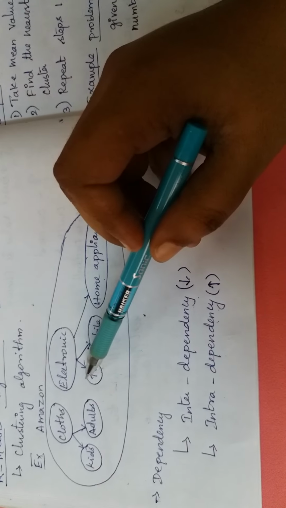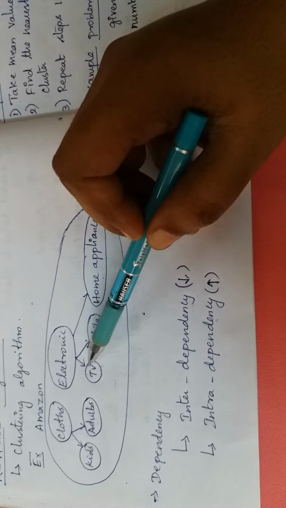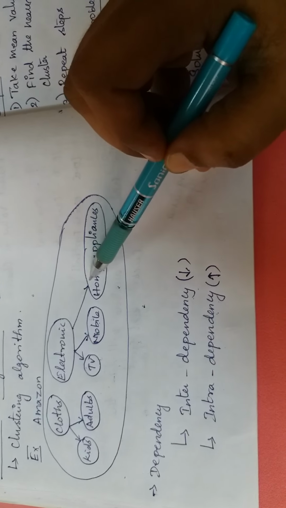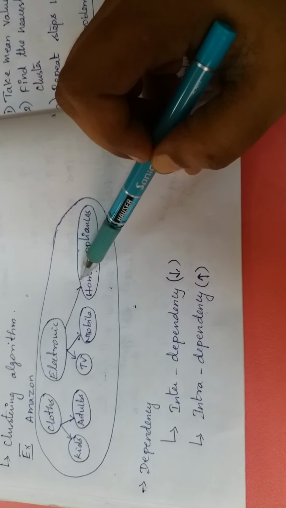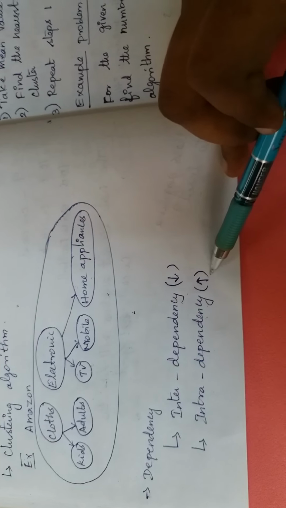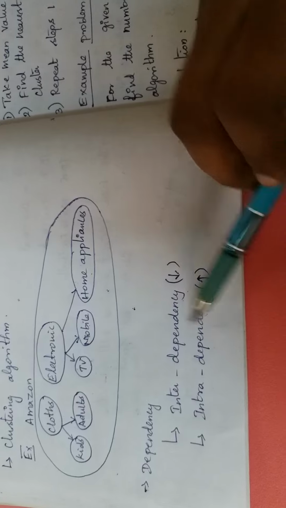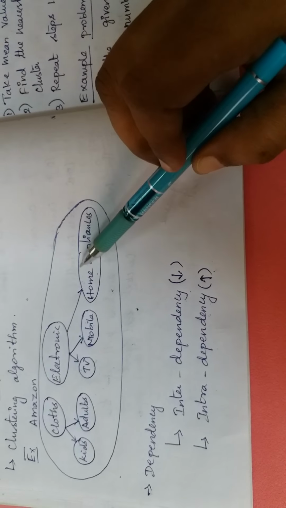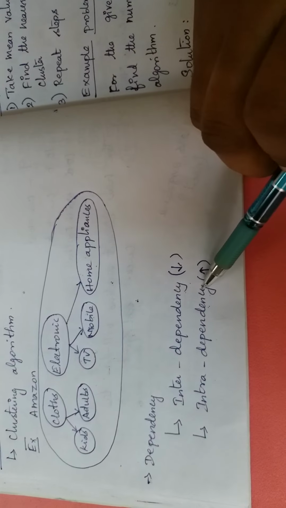When you are going to get the dependency within TV or within mobile or within home appliances, then it is going to have high dependency, which is called intra. Within the cluster, if I am going to check only inside the cluster, then that is called intra.